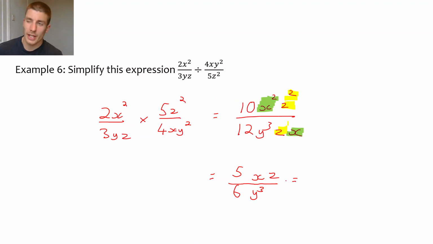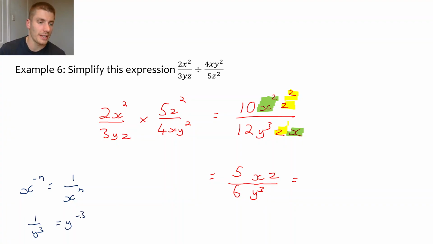You could write it, knowing from your laws of indices, as we've just seen on another question previously, that if you've got a number like x to a negative power, you write it as 1 over that number to the power. So the y cubed, if you've got 1 over y cubed, which is effectively this part here, that means 1 over y cubed, you can write it as y to the minus 3.